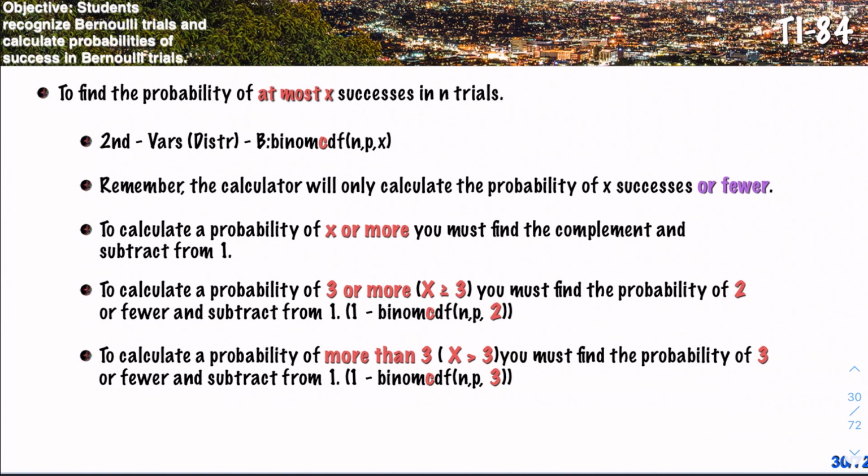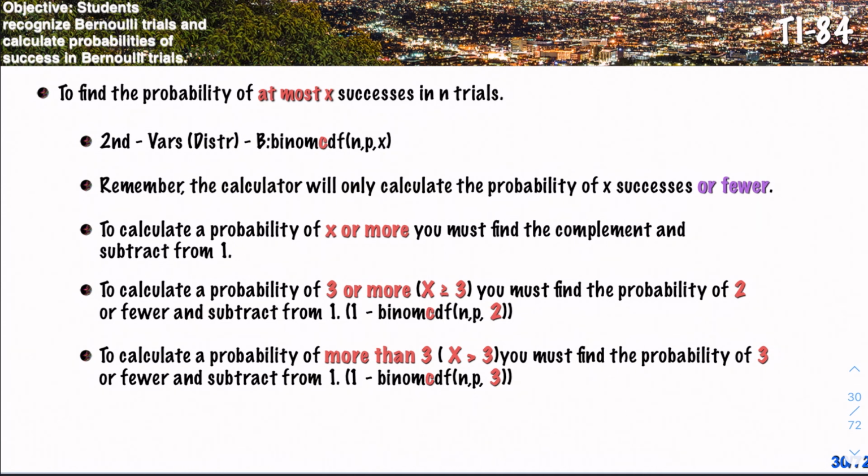So to find the probability of at most X successes in N trials, we're going to be using binomial CDF. CDF finds the area, or all of them added up together. Remember, the calculator will only calculate the probability of X successes or fewer. To calculate the probability of X or more, you must find the complement and subtract from 1.